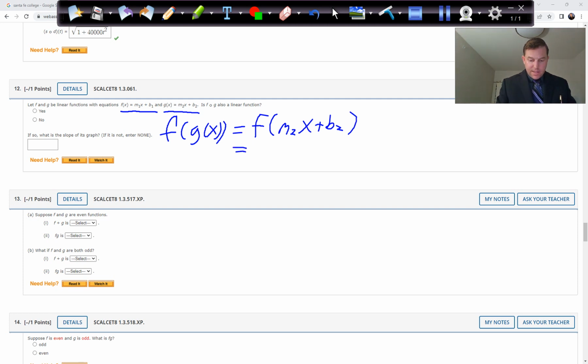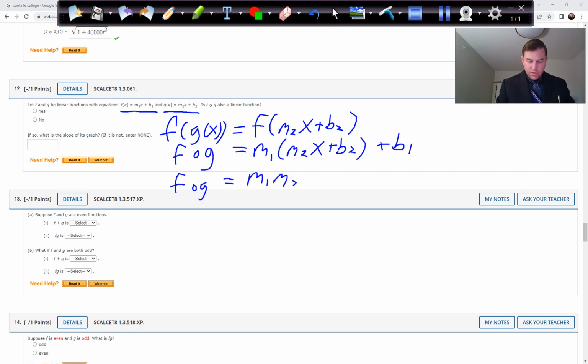And when we replace the x of f with that, we would get f of g is equal to m1 times x, but x is now m2x plus b2, plus the original b1. And when you distribute this m1, you get m1 m2x plus m1 b2 plus b1.